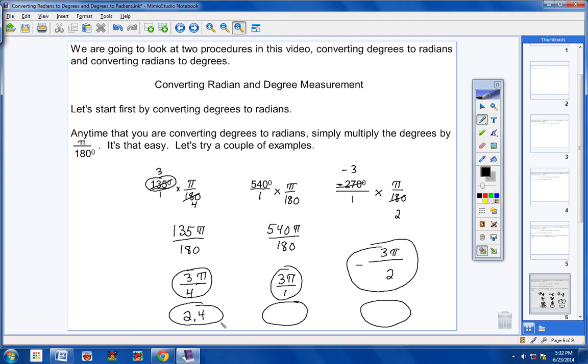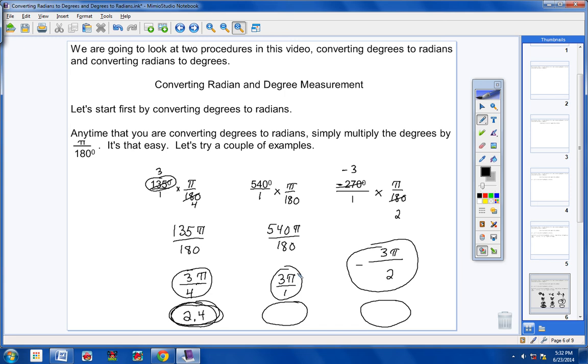So go ahead and take notes on this, okay? So 135 degrees written in terms of pi is 3 pi over 4. If you're writing 135 degrees in radians in decimal form, then you're going to write 2.4. And of course, this right here is an approximation. It's rounded. Okay? If I ask you to write 540 degrees as radians in terms of pi, then you would have 3 pi.